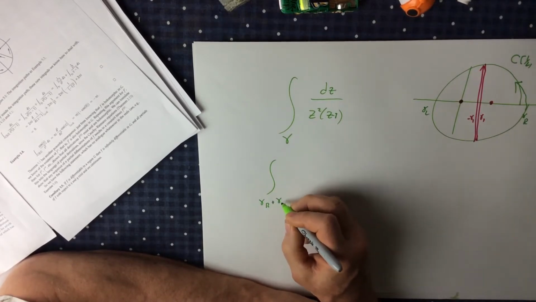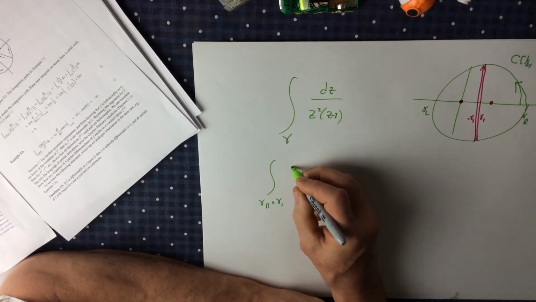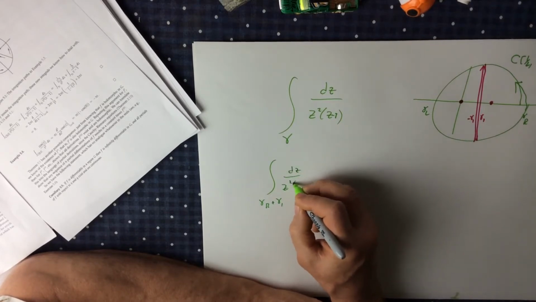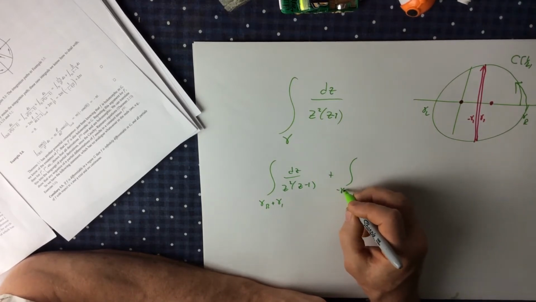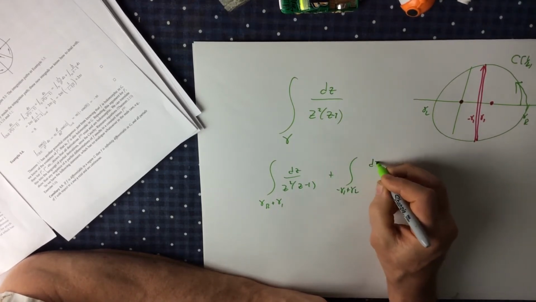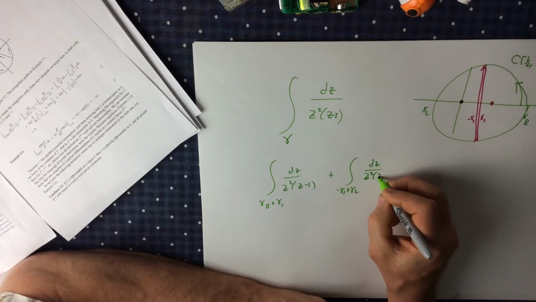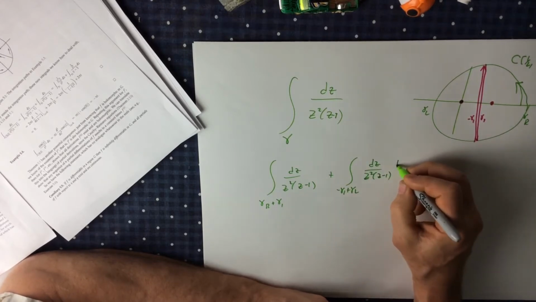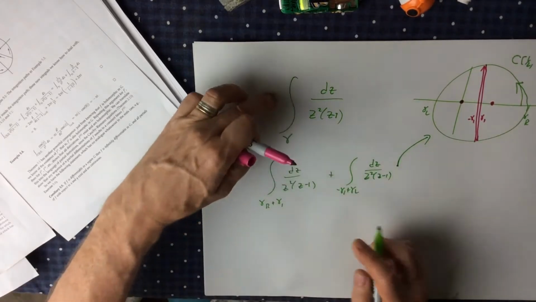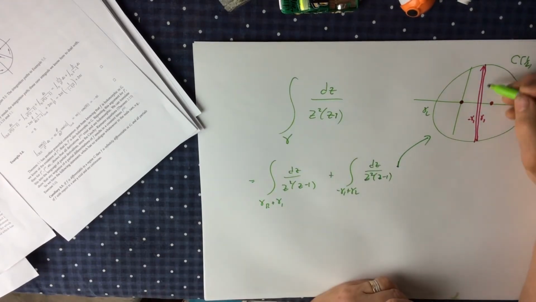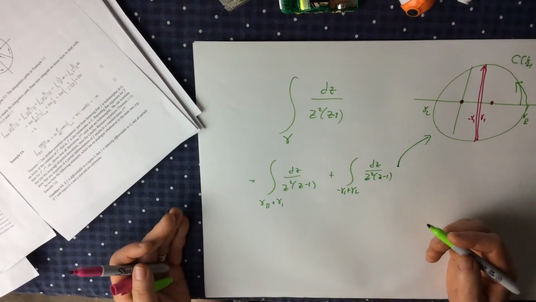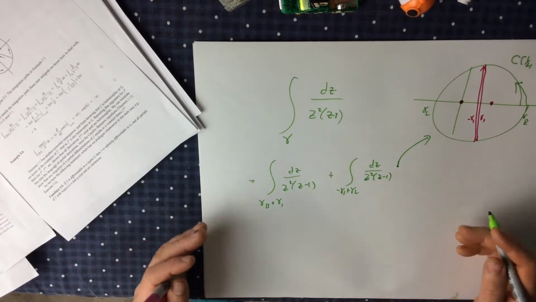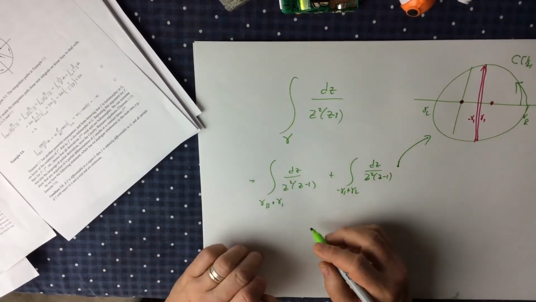So the integral over gamma right plus gamma 1 of dz over z squared times z minus 1, plus the integral over minus gamma 1 plus gamma left of dz over z squared times z minus 1. So this integral has now become this integral plus this integral, which means that in each case we have one and only one pole or bad point on the inside.